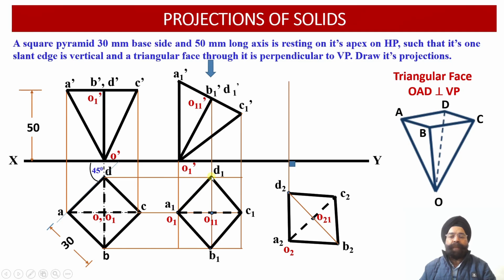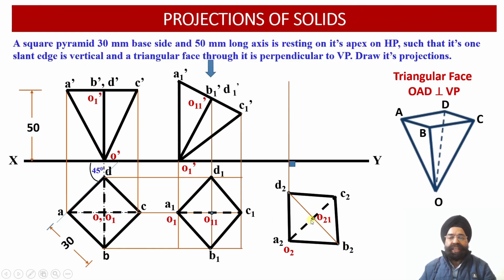This distance we know. Now from D2 we will measure this distance O1D1. This distance we measure from D1, and this distance from A1 and O1. These are rectilinear distances. Once we measure them, from D2 we mark an arc equal to this distance. Similarly, from A2 we measure this distance and mark another arc.